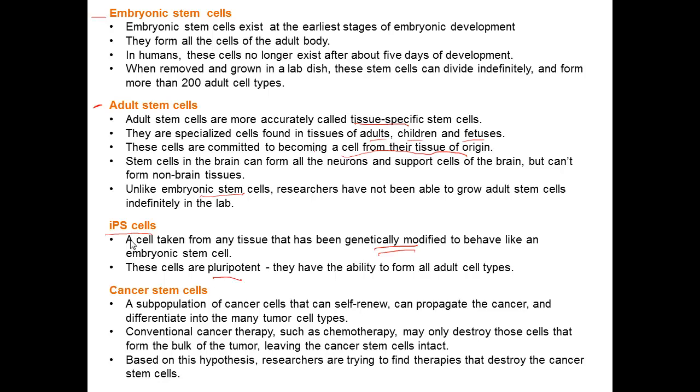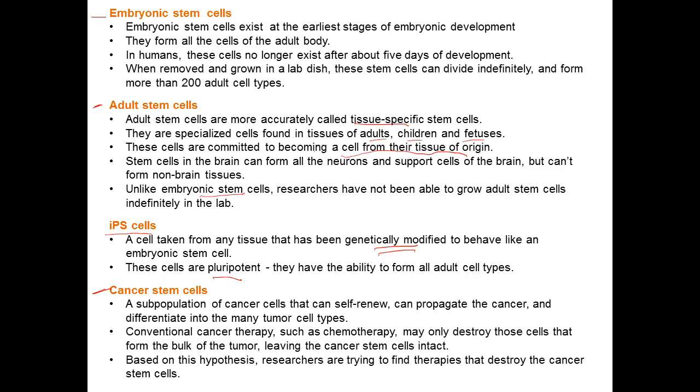Lastly, we'll talk about a somewhat controversial type of stem cell, cancer stem cells, because of the similarities between embryonic stem cells and cancers, that is, unlimited replicative potential and ability to form lots of different tissues.